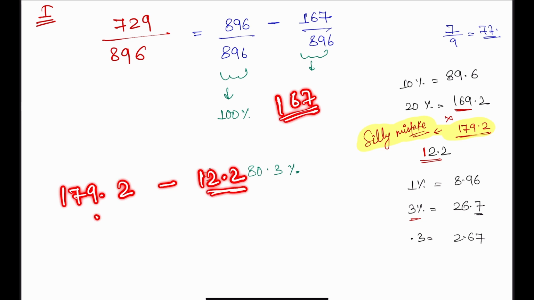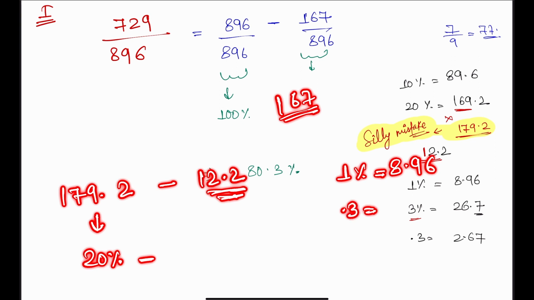So this is 20% minus 12.2. We don't know, but we know that 1% is 8.96, and 0.3% will be somewhat equal to 2.67.